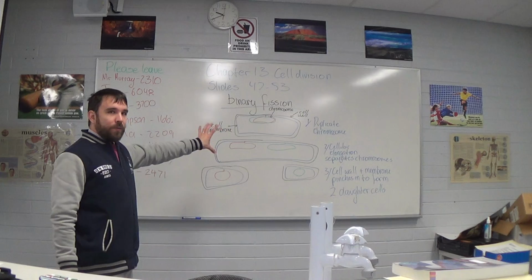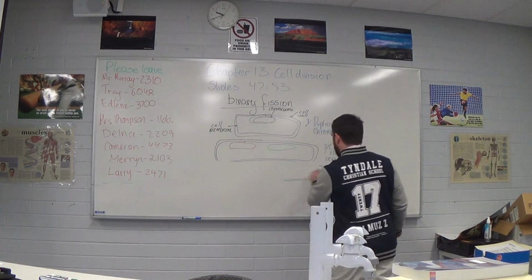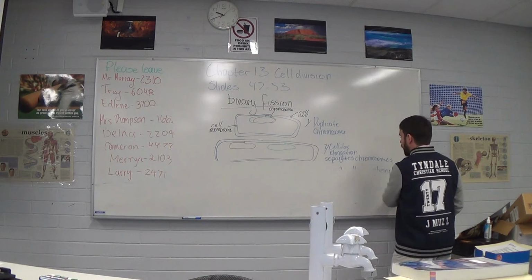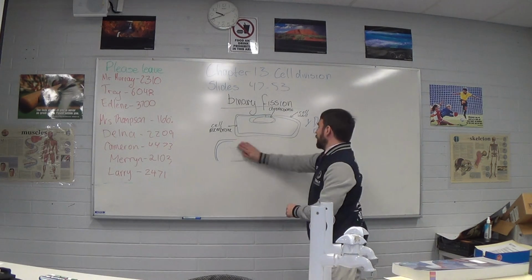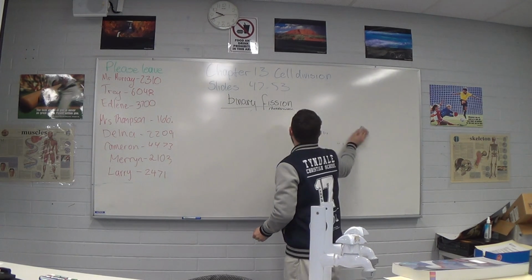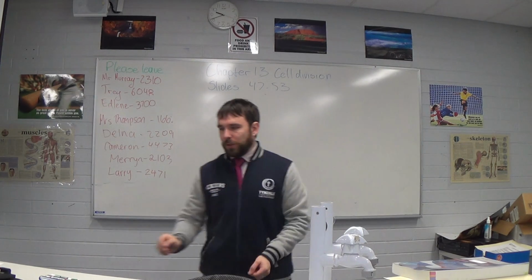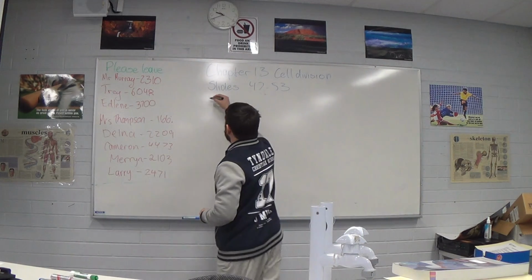So this is our binary fission, asexual process, but bacteria also have a mechanism to increase the amount of genetic variation that they are able to achieve. The way that they do this is by this process called bacterial conjugation. Now, bacterial conjugation, we'll put that as our next heading.